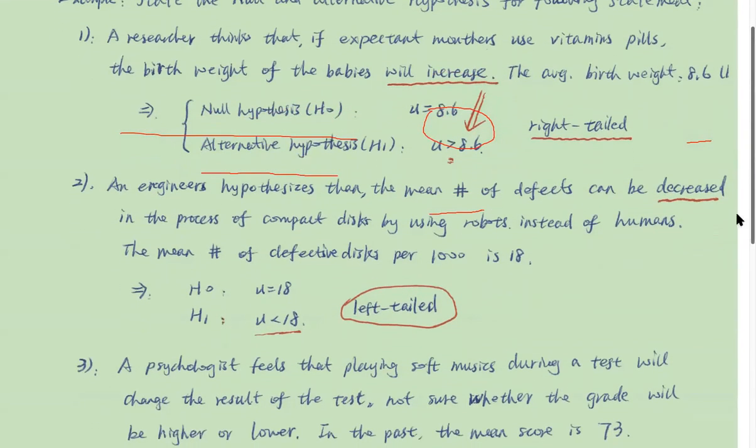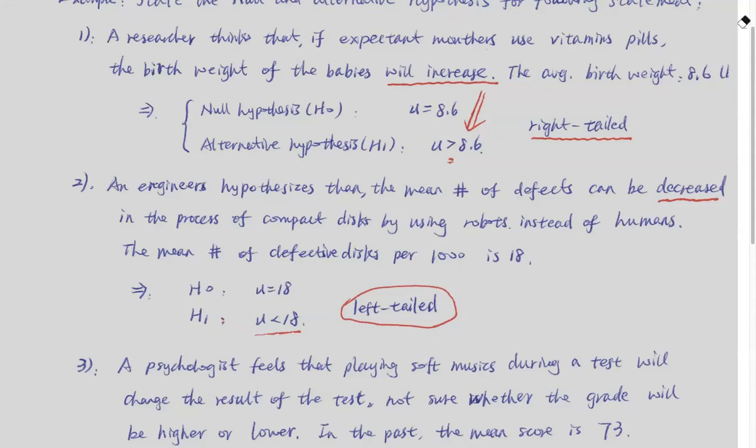Number two: a company hypothesizes that the average number of defects can be decreased in the process of making compact disks by using robots instead of human beings. The average number of defective disks per 1,000 is 18.